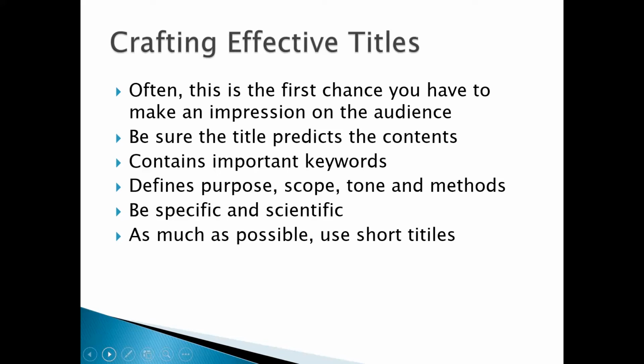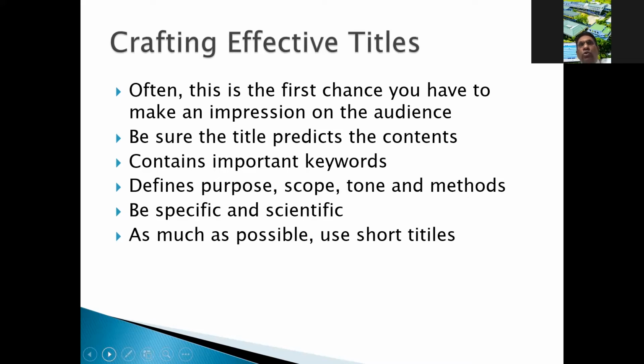Sometimes you may not be able to incorporate all this, but at least 1 or 2 of these, the purpose and the scope, or the scope and the tone, or the purpose and the methods, depending on your research. Because I'm particularly referring to ICT, which is mainly a pure scientific discipline, and there the purpose and the scope has to be very well defined. In humanities and social sciences, this might not be possible. As much as possible, try to be short in your titles.